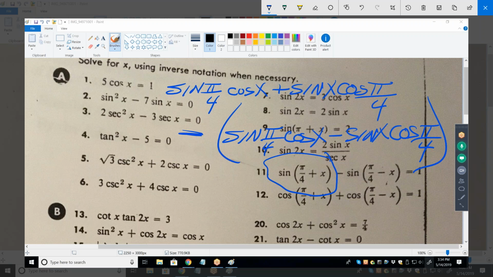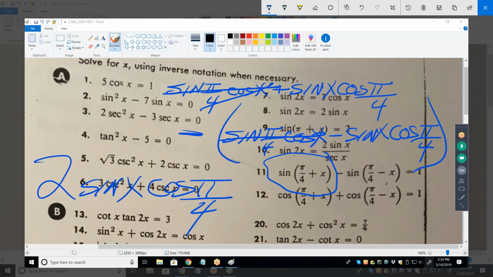Okay. Clearly that cancels. And now you have sine of x cosine of pi over 4 minus a negative, same thing. So I got 2 of them, right? What's cosine of pi over 4? That is 45 degrees.